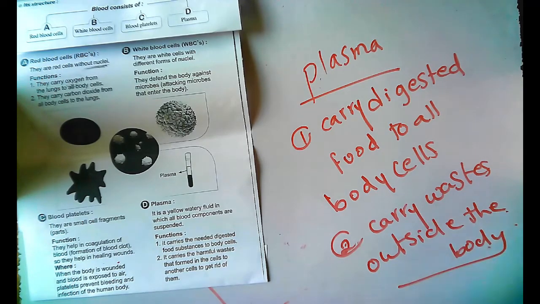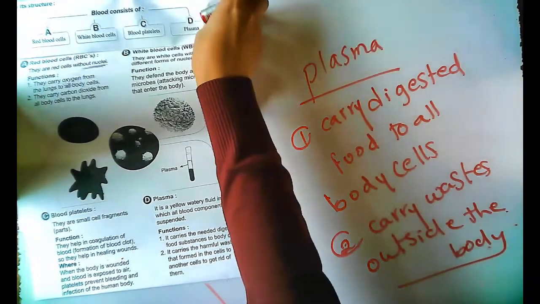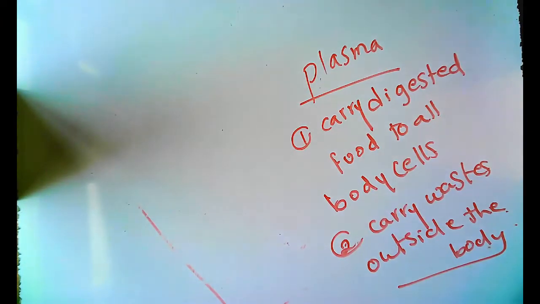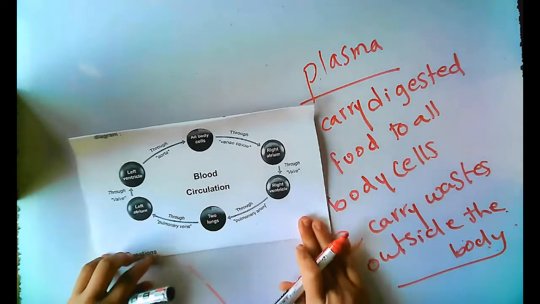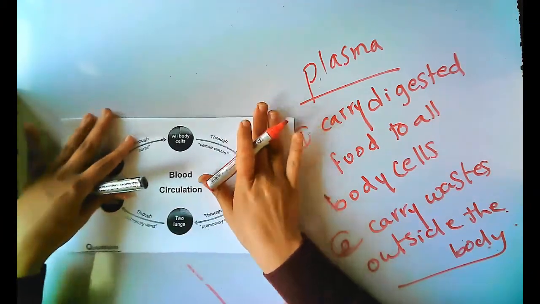Okay. Now we finished the structure of blood. We take another part, which is the path of blood throughout the heart, in other words, the blood circulation. What is the blood circulation?